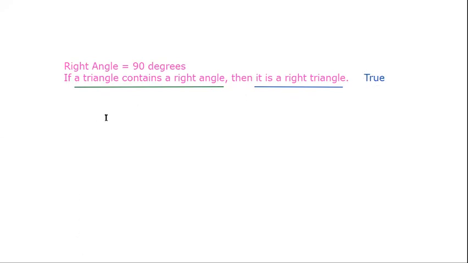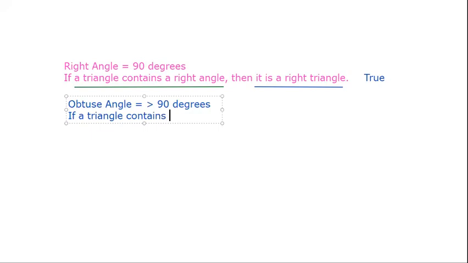Okay. Now, there's another, not right triangles, but remember your obtuse and acute angles. So an obtuse angle is greater than 90 degrees. And if a triangle contains an obtuse angle, then it is an obtuse triangle.